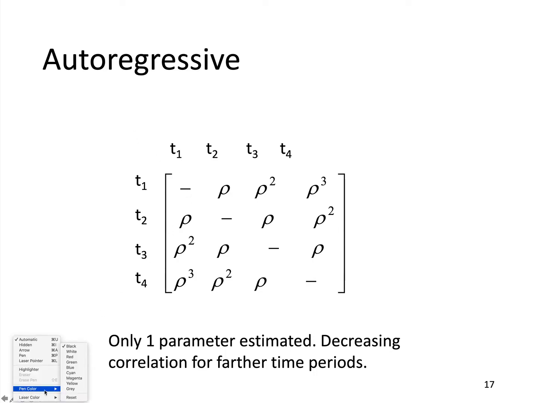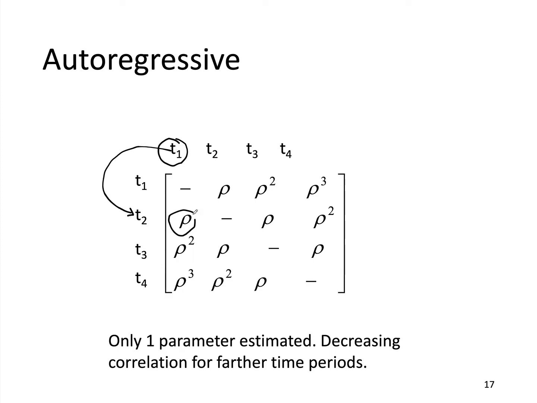Let me give myself a pen here. The relationship of myself at time 1 to time 2 is going to be this rho, but time 1 to time 3 is rho with some decay function, right? And by decay function, I mean this relationship is going to be probably stronger than this relationship.